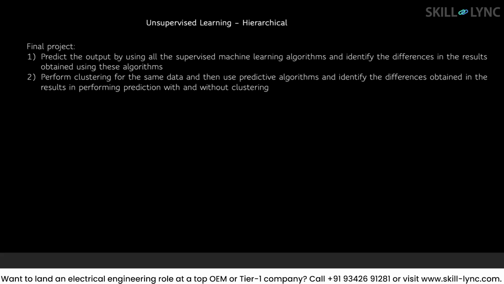Okay. And then split your data into 70-30 or 80-20 and use a supervised predictive algorithm, and check whether your algorithm is also giving you the same cluster or not. Did you understand this, or shall I repeat it?